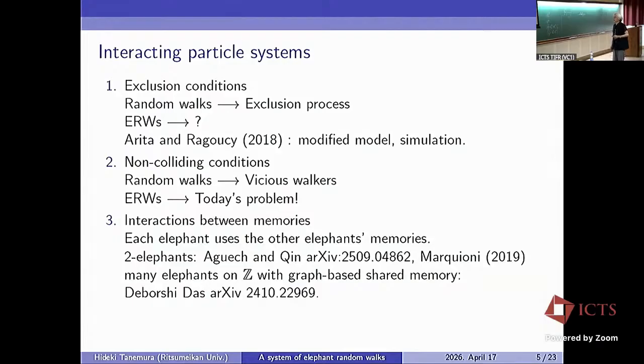Hideki and Queen and McCrory consider this model and get limit theorems, a central limit theorem, and so on. A very interesting case is many elephants on Z^d with graph-based shared memory. This is shown by Subhra, at ICTS. This is quite general and very interesting. The memory relation between the particles is given by a graph, such as a connection in data. This is very interesting. I recommend it.